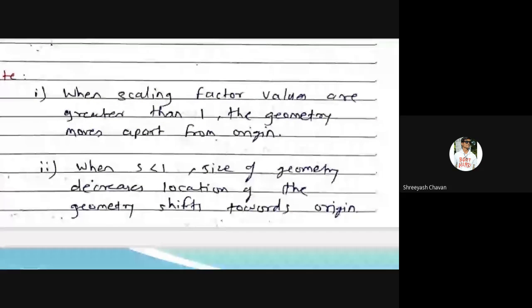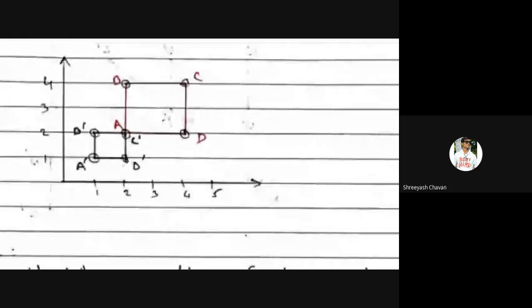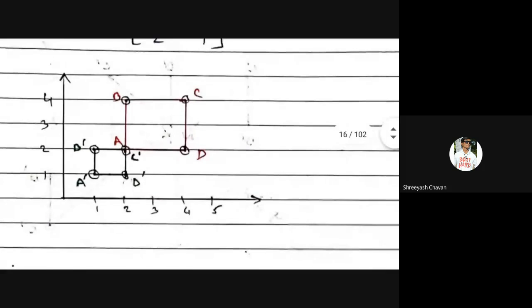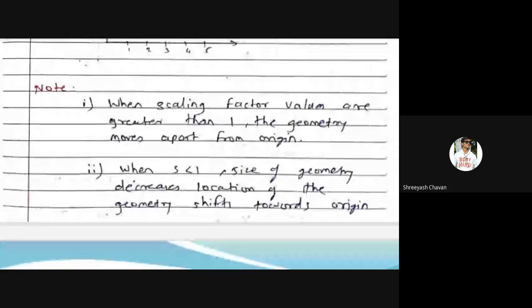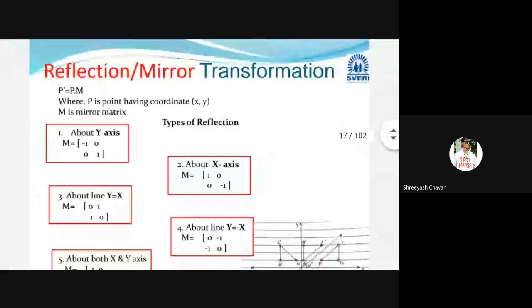In the previous problem the geometry moved away from the origin because the scaling factor was greater than 1. This is very simple; for MCQs this type of question will definitely be asked. Now the next command after scale is mirror.